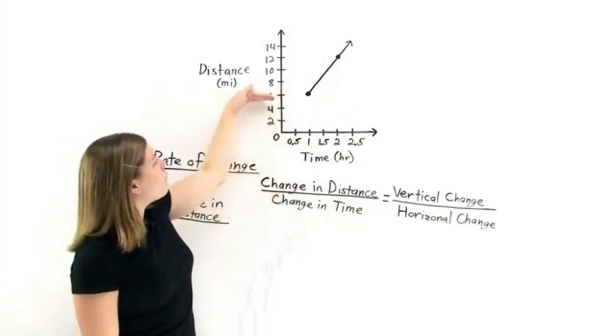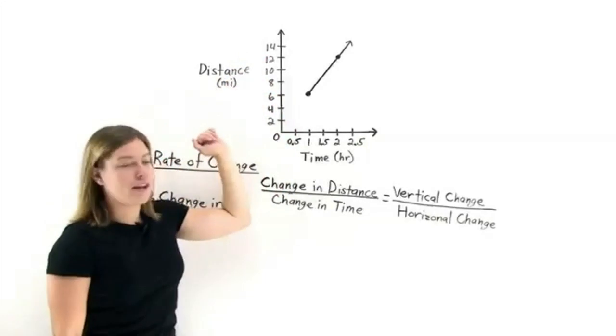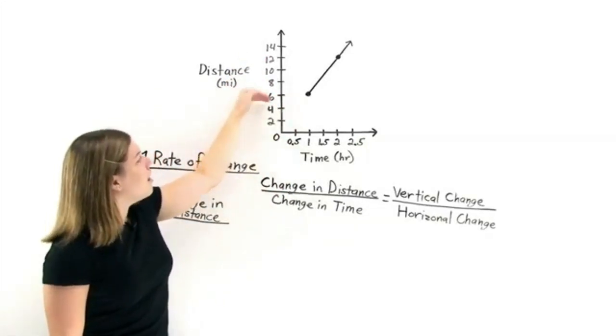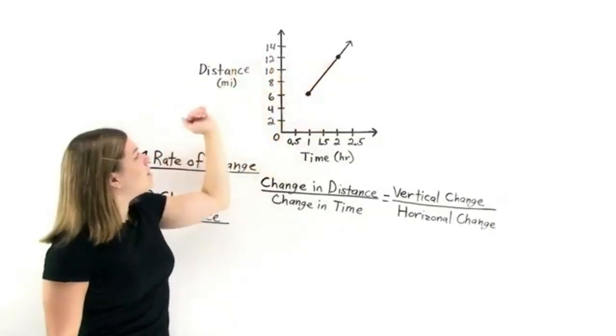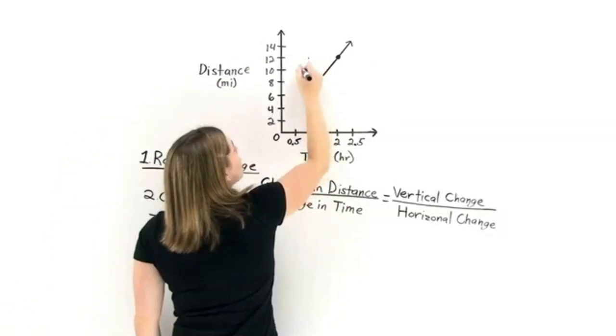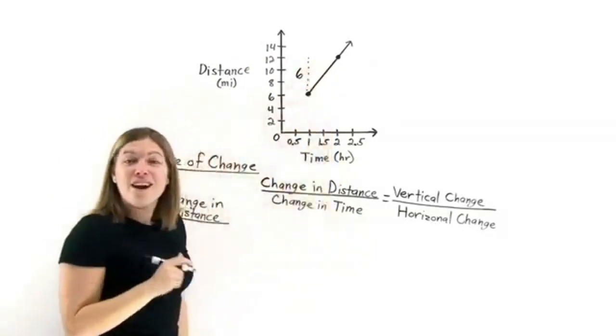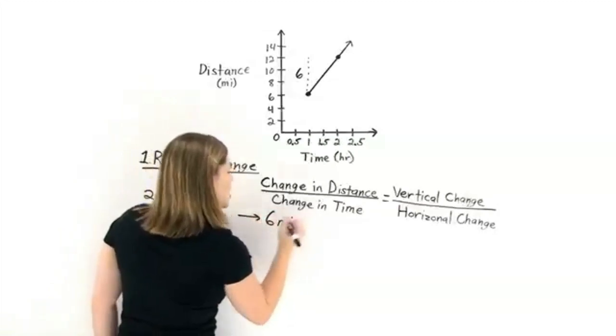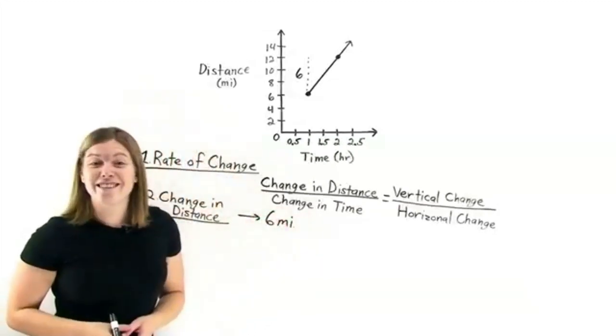So we want to find the vertical change between these 2 points. Well, this point starts with 6 miles, and this point is 12 miles. If we count between 6 and 12, we get 6. There's a difference of 6 miles there. That means that the change in distance is 6 miles.